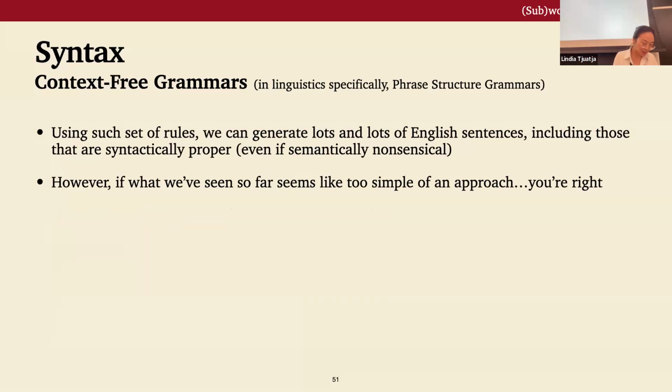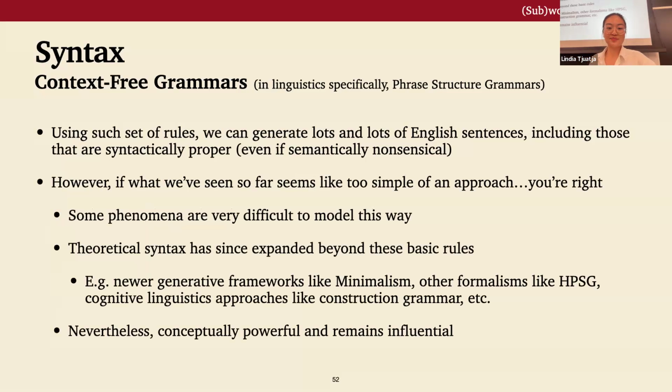But if you're wondering, all these sets of rules seem way too simple. People mess things up all the time, or there are lots of other constructions that can't be explained very easily by these rules. Well, yeah, you're right. Some phenomena are very difficult to model in this fashion, but this is a very, very old grammar from the 50s.